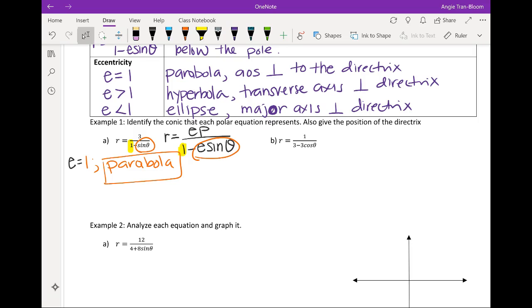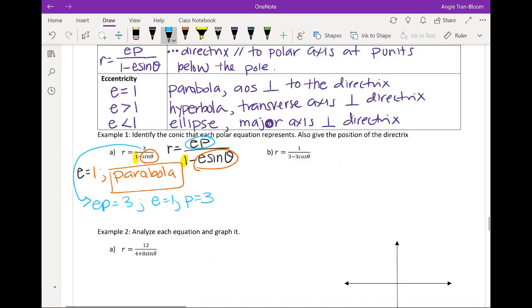Perfect. I need to know P to decide where the directrix is located. Oh, you know it's 3? How do you know it's 3? Because on the top is E times P, and if E times P equals 3, then E is 1, which means P is 3.